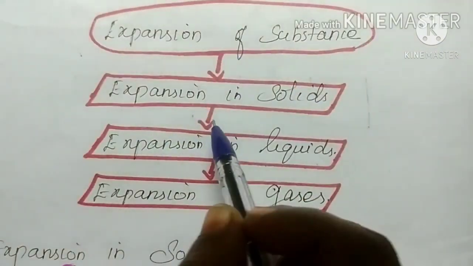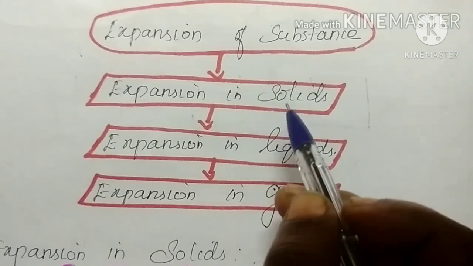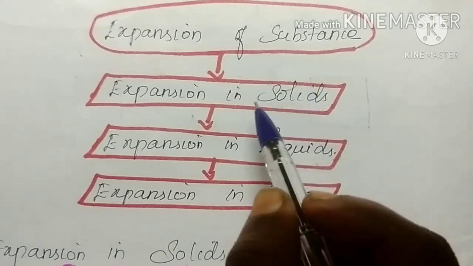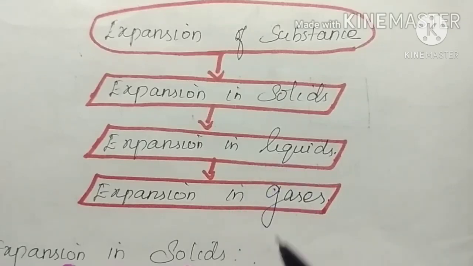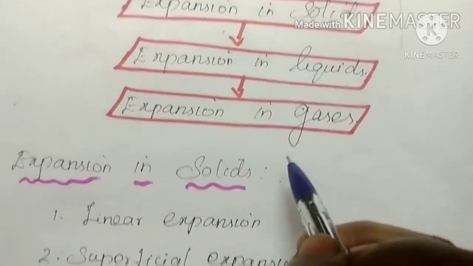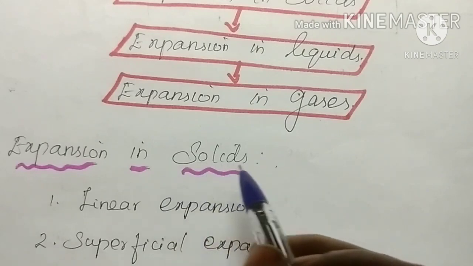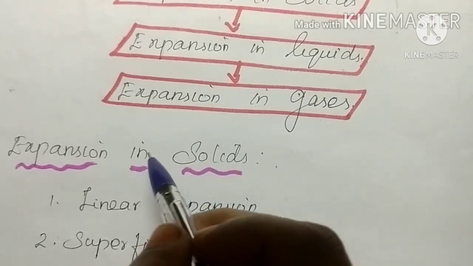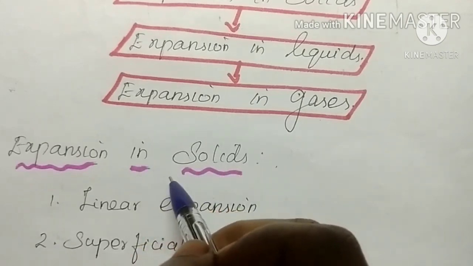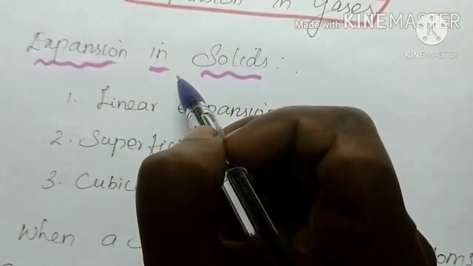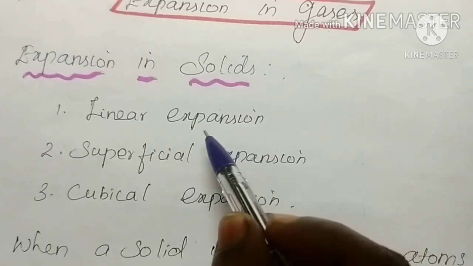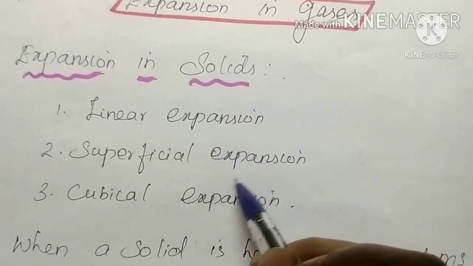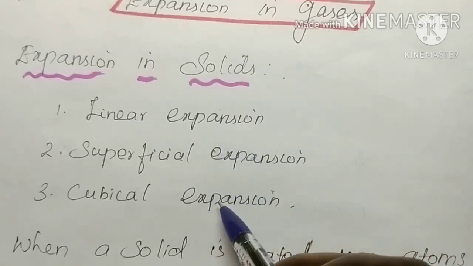Expansion of substance takes place in the three types of matter: expansion in solids, expansion in liquids, and expansion in gases. First we are going to learn how expansion takes place in solids. In solids the expansion takes place in three different types: linear expansion, superficial expansion, and cubical expansion.